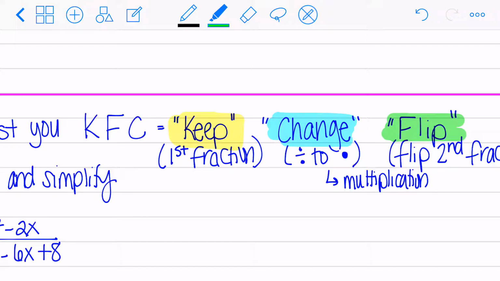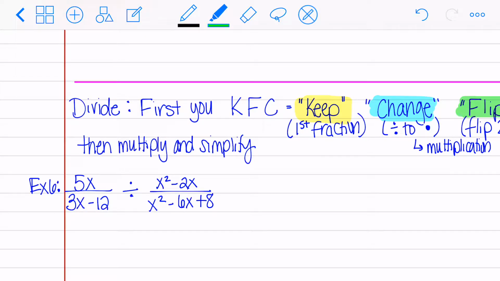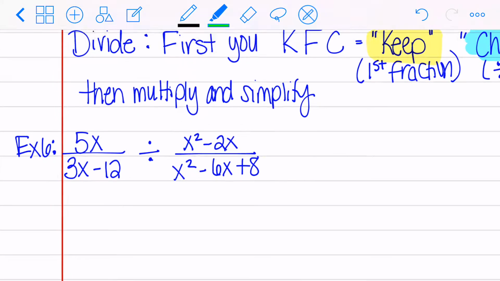Okay, so keep means you're going to keep the first fraction. Change means you're going to change your division sign to multiplication, and flip means you're going to flip the second fraction, meaning you're going to take the reciprocal. Then we're going to multiply and simplify.